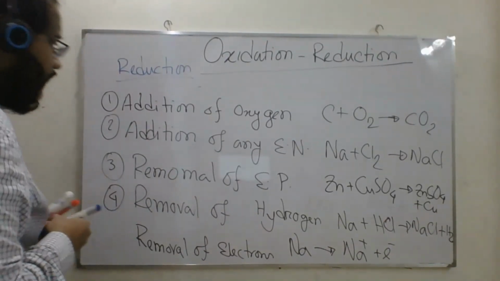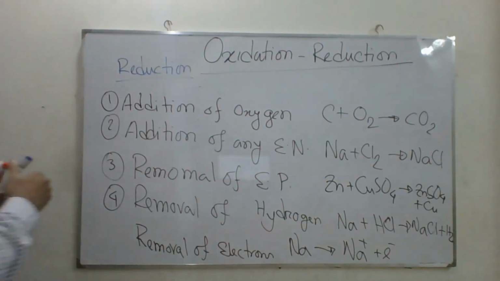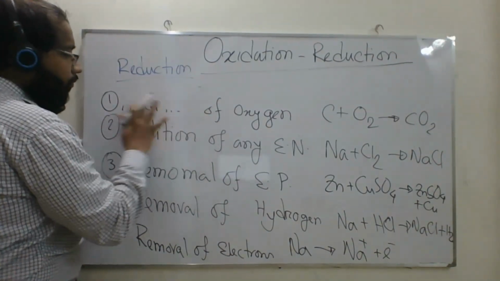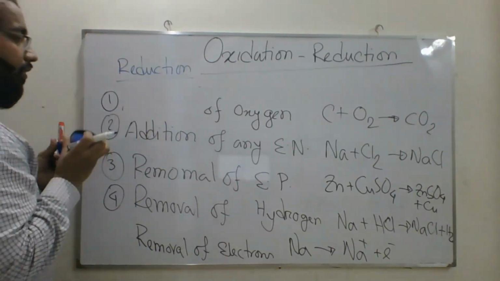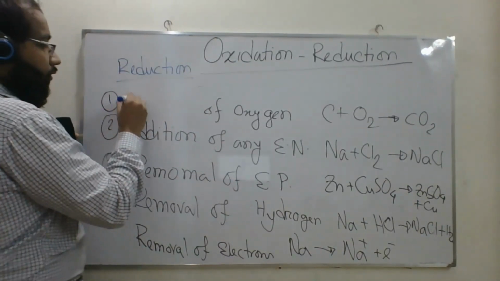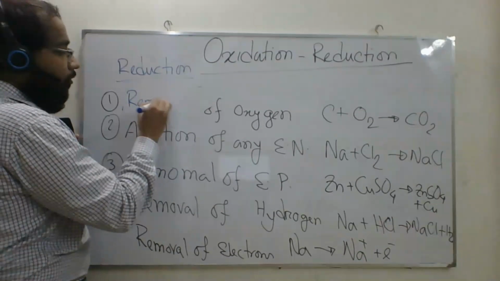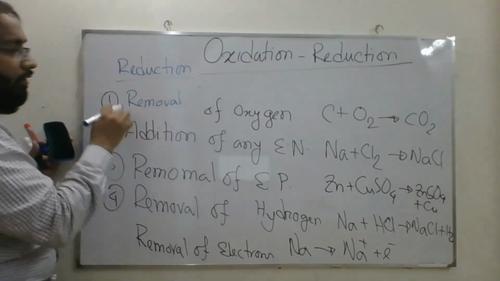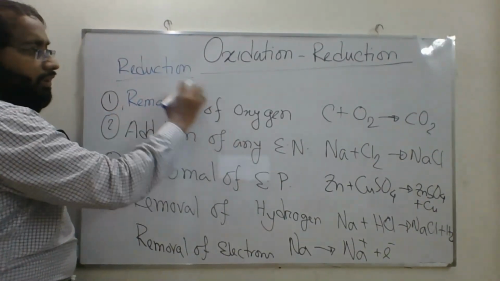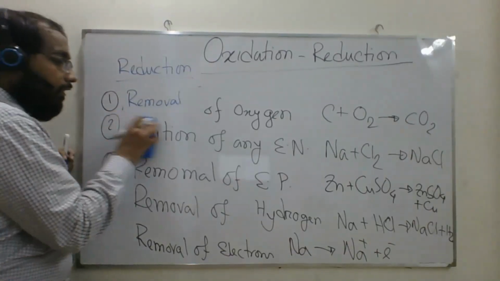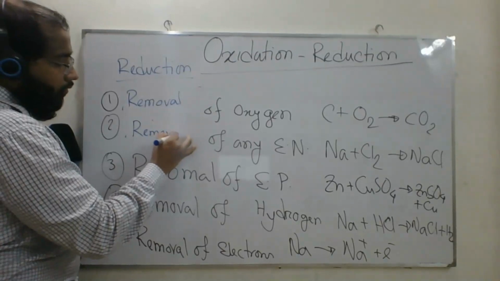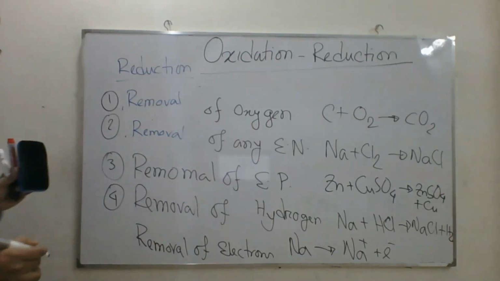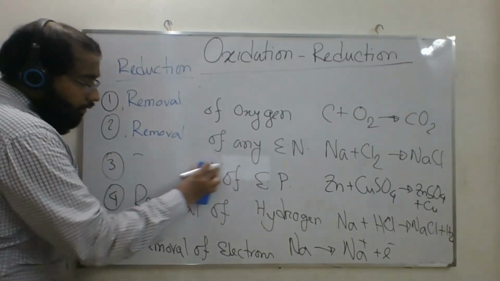If we say this is a reduction, then this addition should be replaced by removal. That means removal of oxygen is a reduction, and this addition should again become removal, that means removal of any electronegative element.